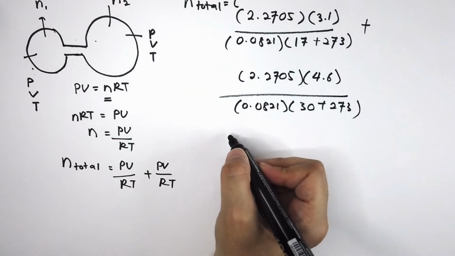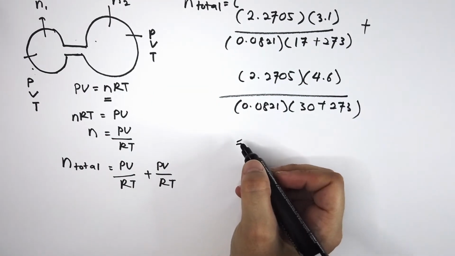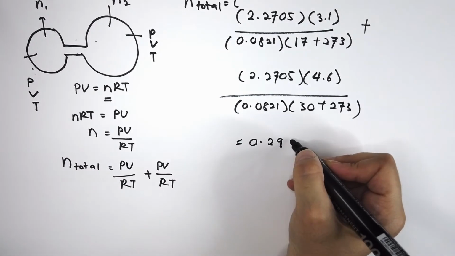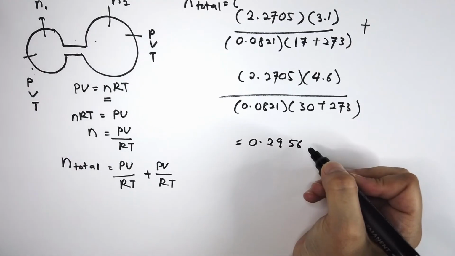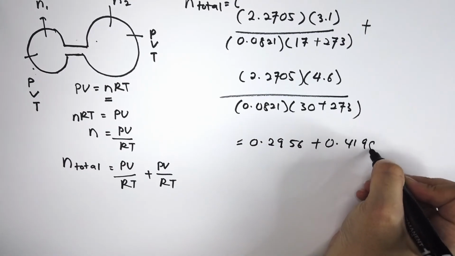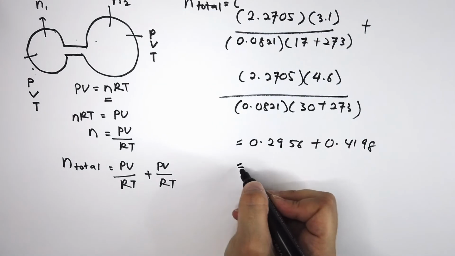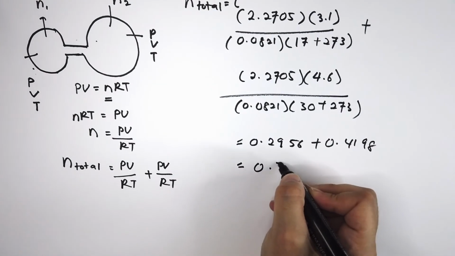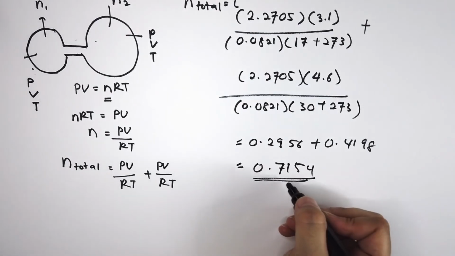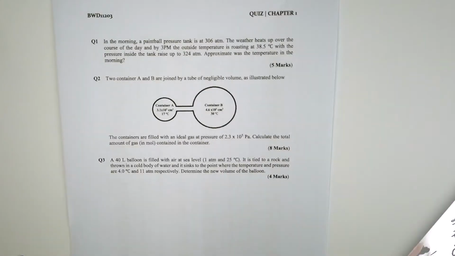So you should be able to get 0.2956 plus 0.4198 equivalent to 0.7154. So this is the final answer.